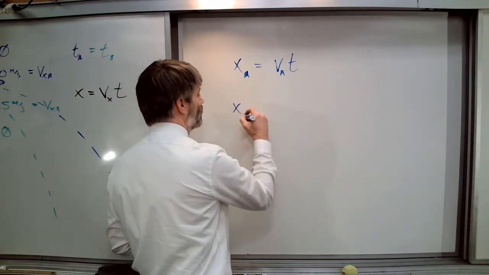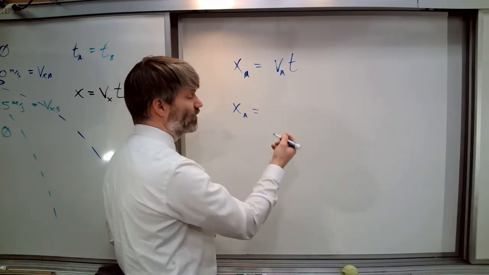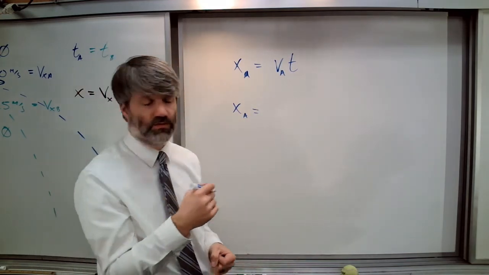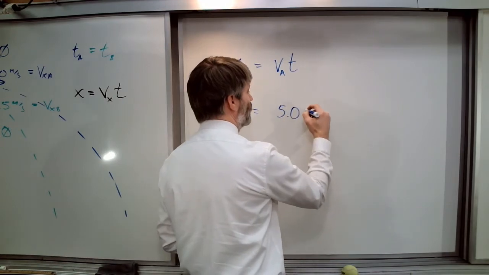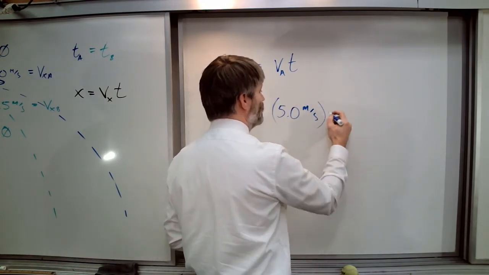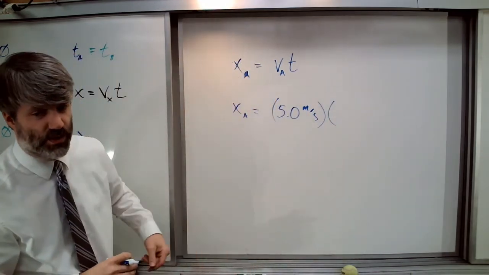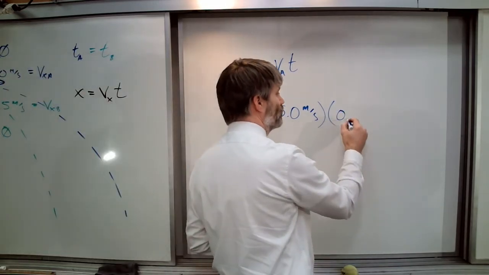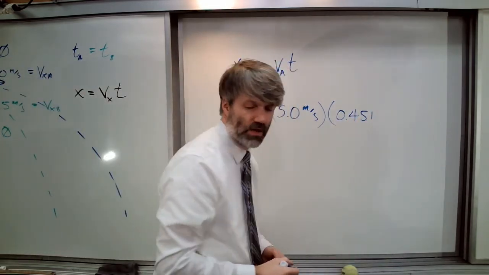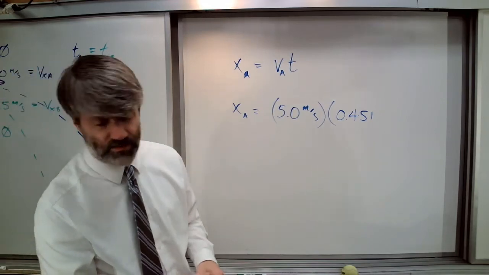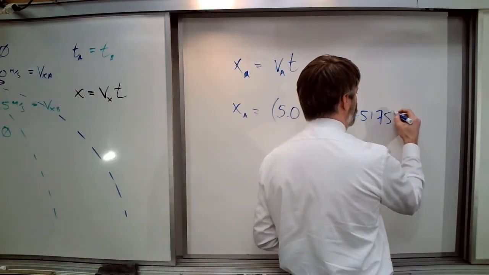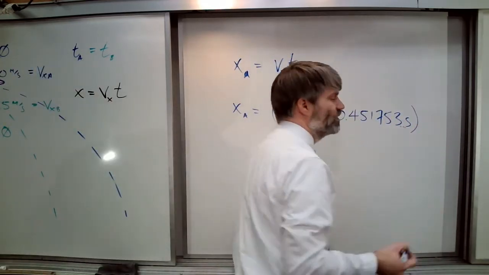So x of A is equal to the velocity of A, which we said was 5.0 meters per second, times the time, which we just calculated as 0.451753 seconds.